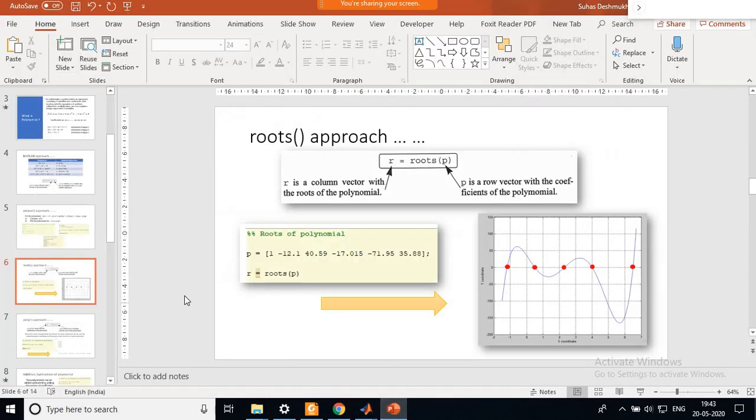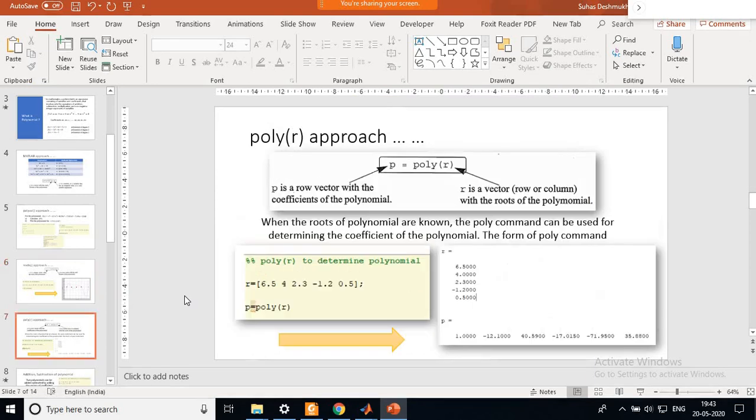Once we have done this roots, we'll move on to determine another one. If you know the roots and you want to construct the polynomial, this is the way to do it. Most of the time we may know the roots of an equation, but we don't know what the polynomial for it will be. There is one function, poly. You need to supply the roots into this and we can get it.